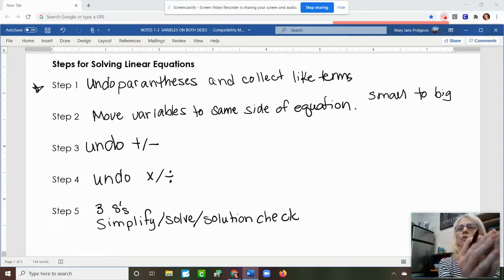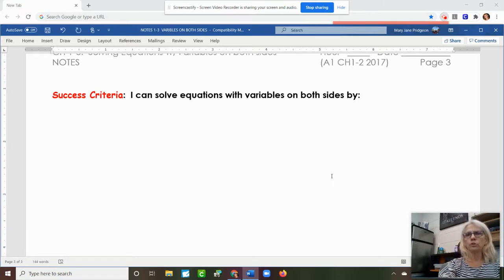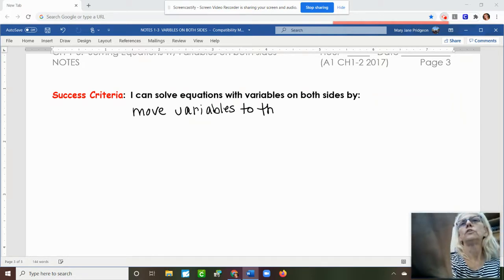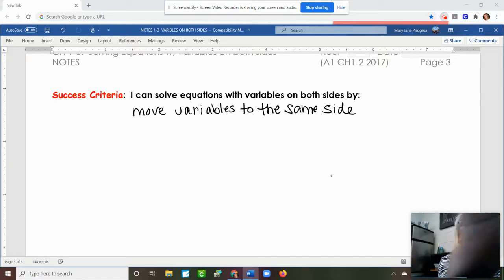Okay, so your last thing you're doing is getting x equals a number. In order to solve equations with variables that are on both sides, we have to be able to move the variables to the same side and then solve.